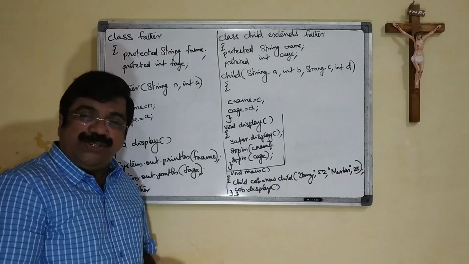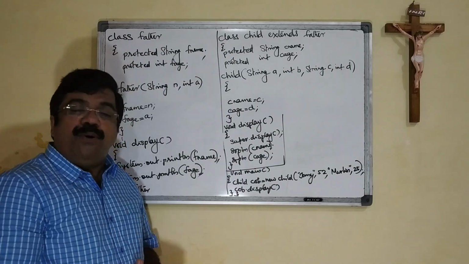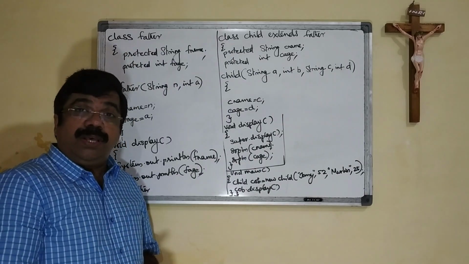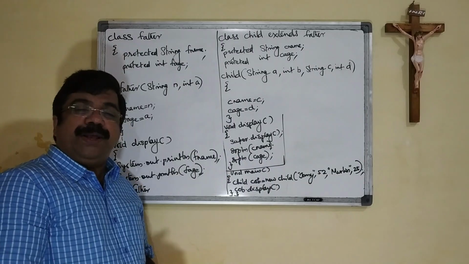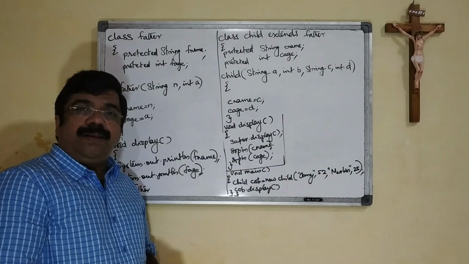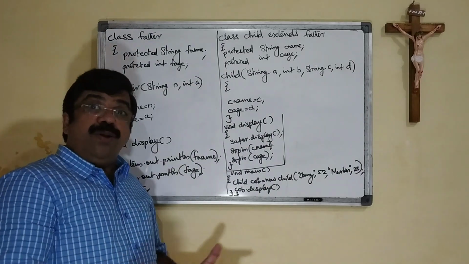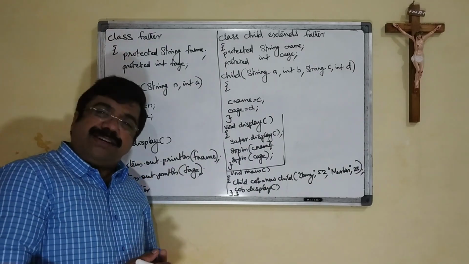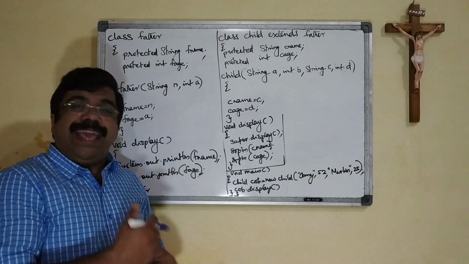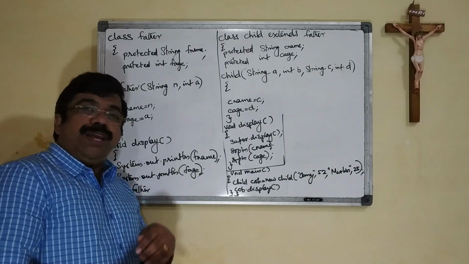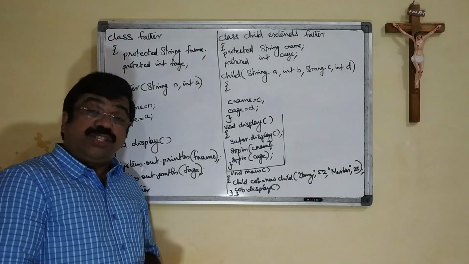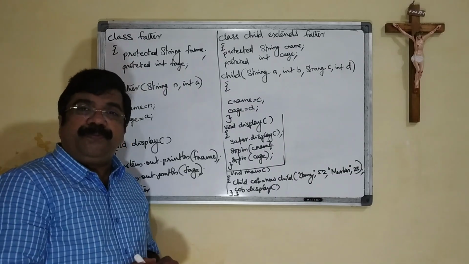In the previous class, we studied inheritance and constructors. When we have a base class as well as a derived class with constructors, how do they execute? How do they call the base class constructor first, and so on?